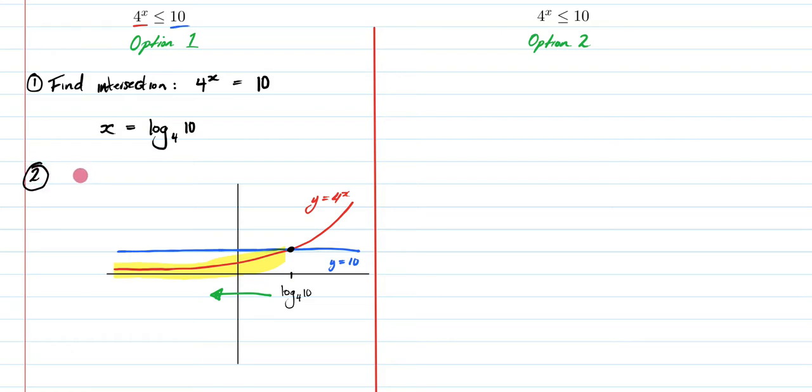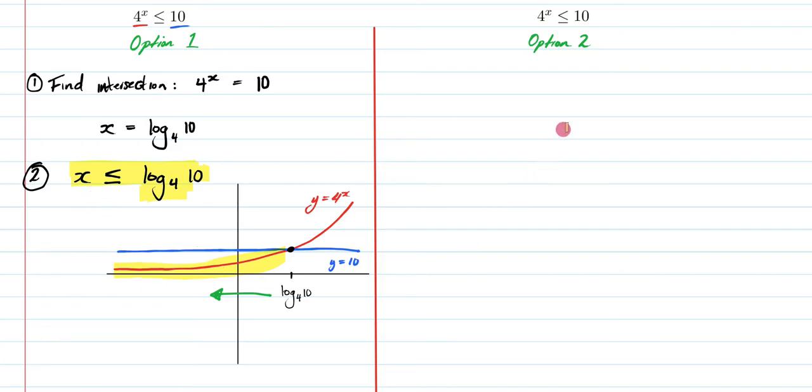It's going to be x is less than or equal to log base 4 of 10. And just like that, we have answered our question. The part where people will get it wrong is making a mistake as to which direction their inequality is pointing. By sketching it, we have determined that it should be pointing this way. That's why we're sketching it.